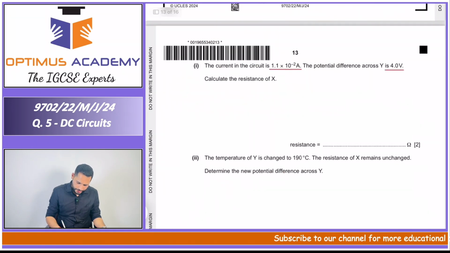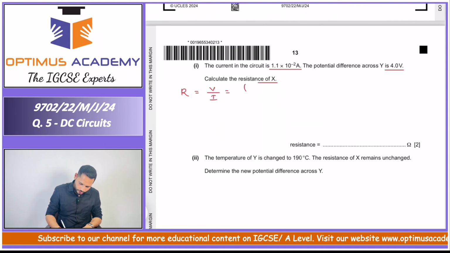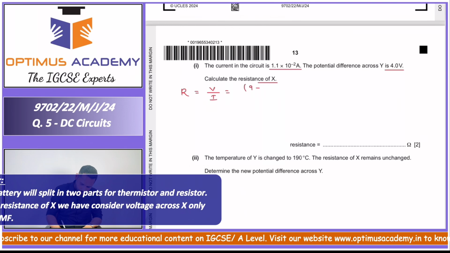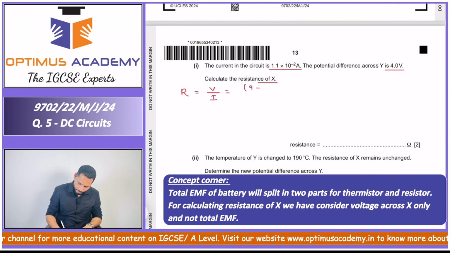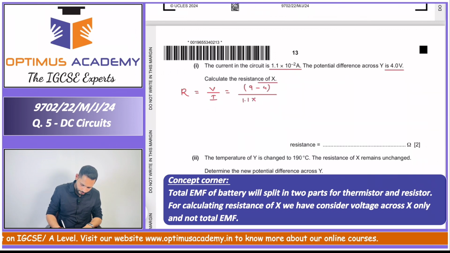Question says calculate the resistance of X. To find out the resistance of X, we have to use the formula V by I. Now, the voltage across X will be total EMF, that's 9, minus the voltage across Y, that is 4, and we will divide it by current, that's 1.1 into 10 raised to minus 2.